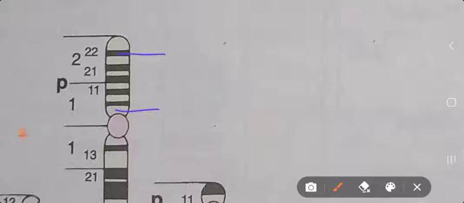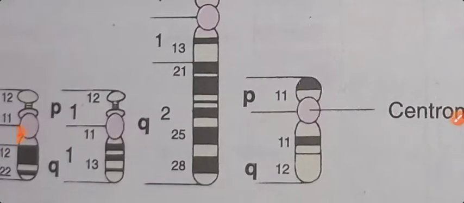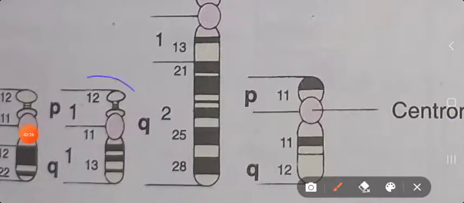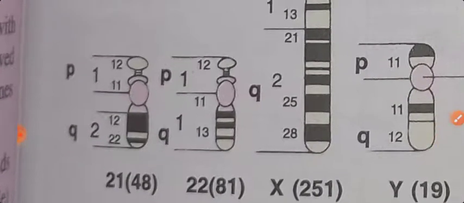They have a constant morphology between the members of a homologous pair of chromosomes and between normal individuals. So you can understand, for instance, simply, you can see the 22nd chromosome. Now here only one 22nd chromosome has been shown. Let us see.